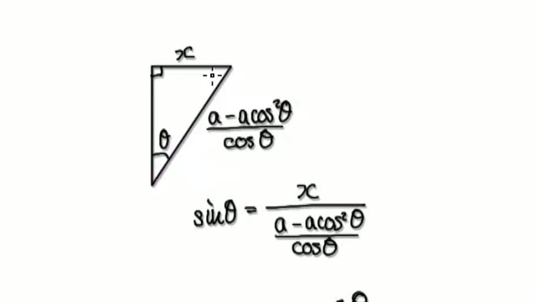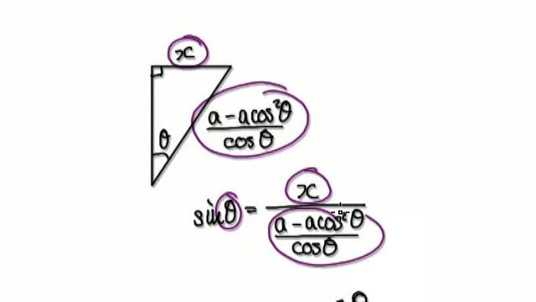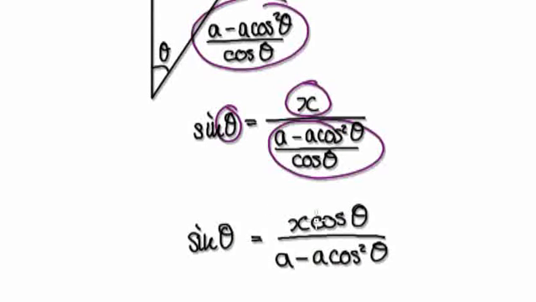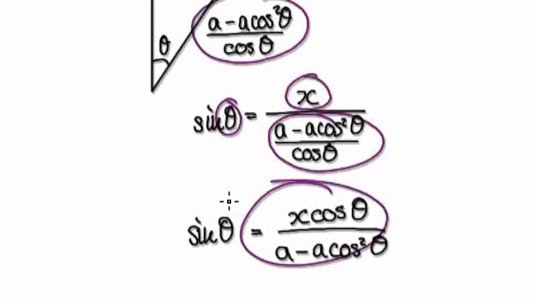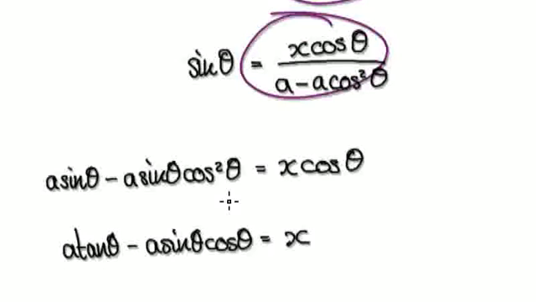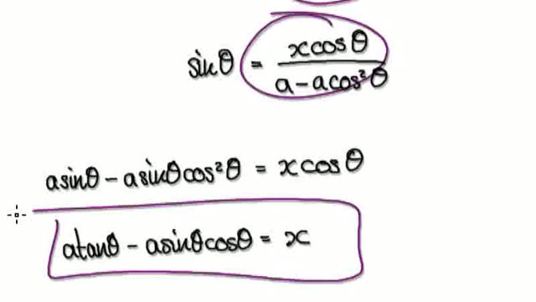So sine of the angle is given by opposite, which is this bit here, divided by hypotenuse, which is this bit here. Tidy this up, that will then give you this, and x equals this thing here. So now we've got x.